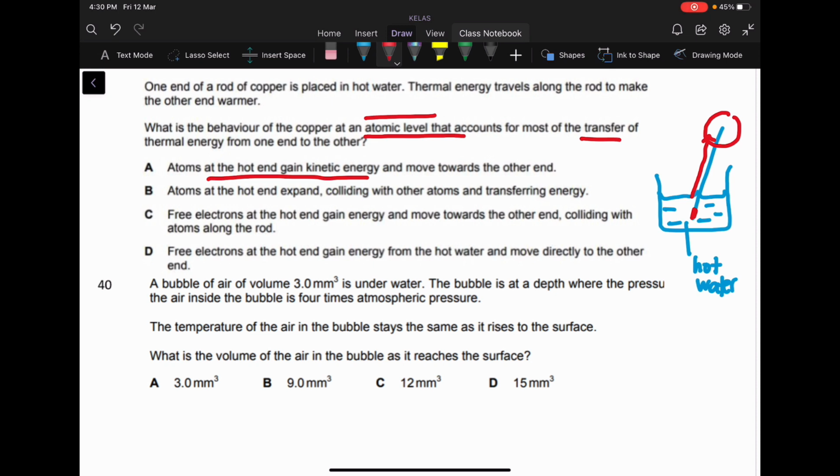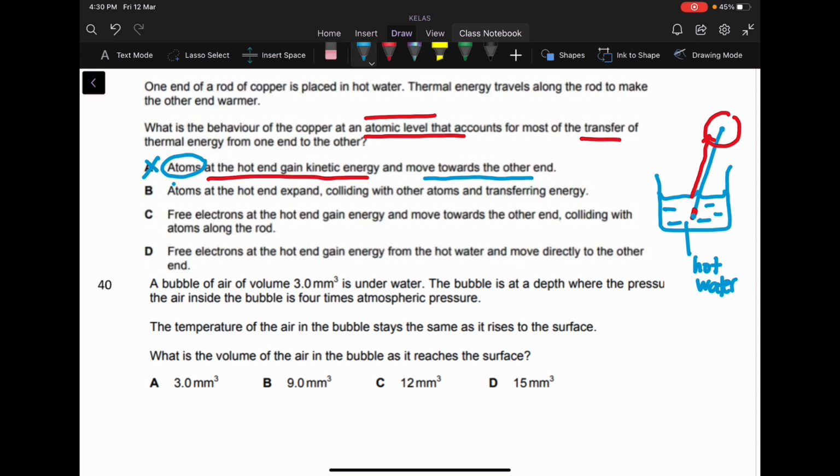It says atoms at the hot end gain kinetic energy and move towards the other end. Is it true? If the atom moves to the other end, that means there is no more atom here. So this one is incorrect.